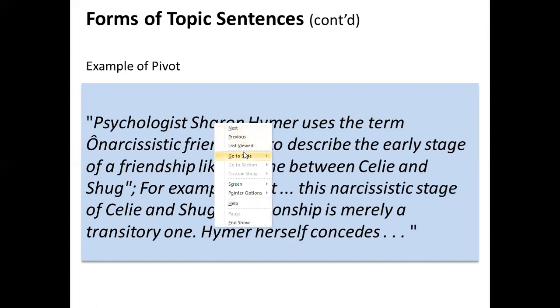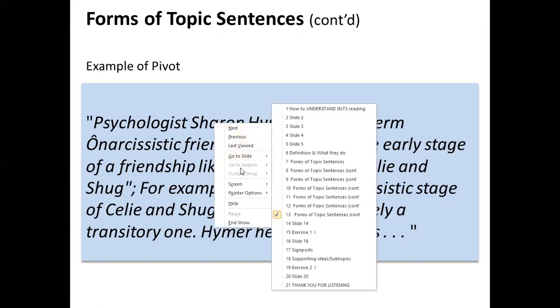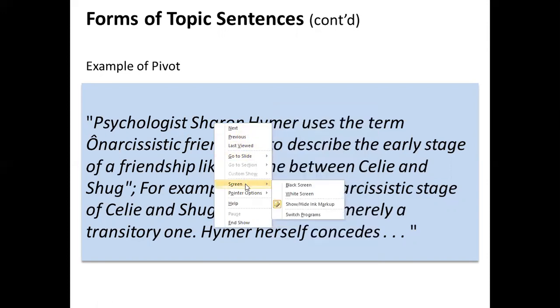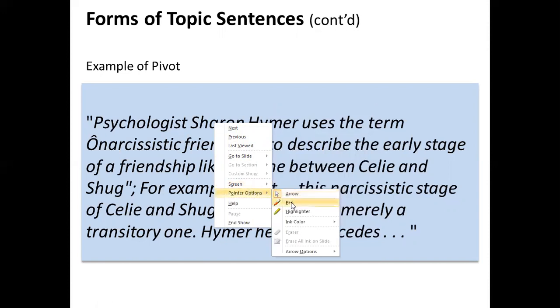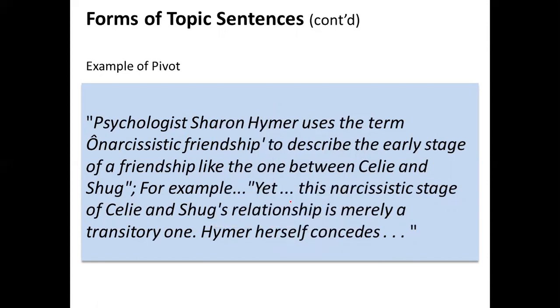Psychologist Sharon Heimer uses this term, narcissistic friendship, to describe the early stage of a friendship. So it will state this, for example, and then comes the word yet. This narcissistic stage of Sally and Shog's relationship is merely a transitory one, Heimer herself concedes.